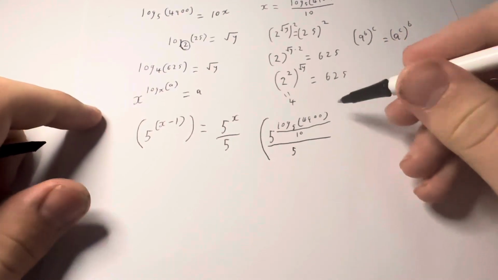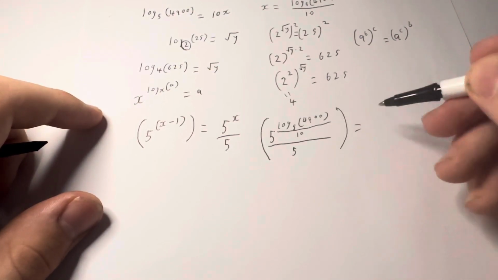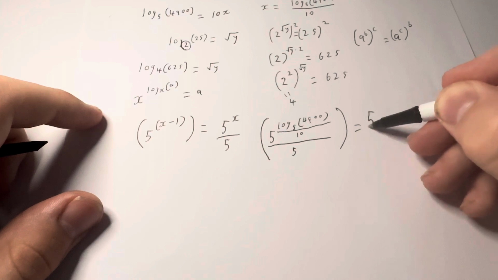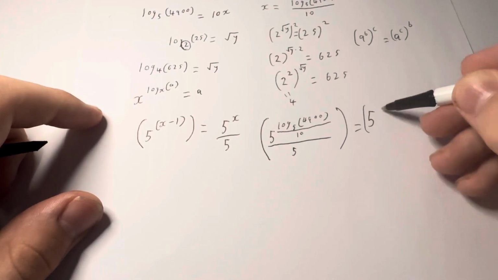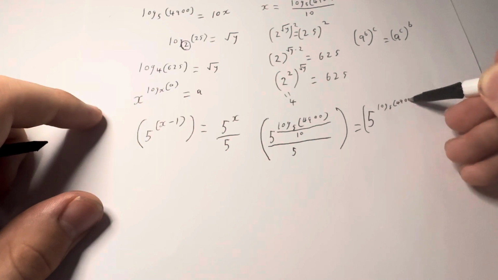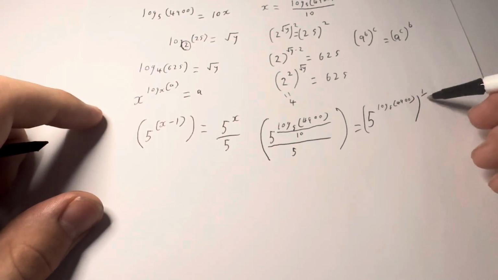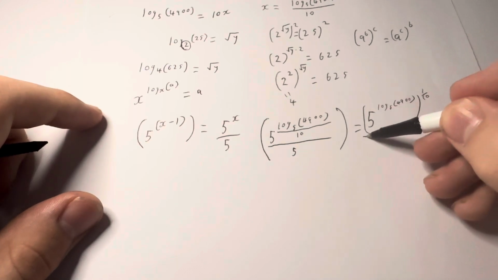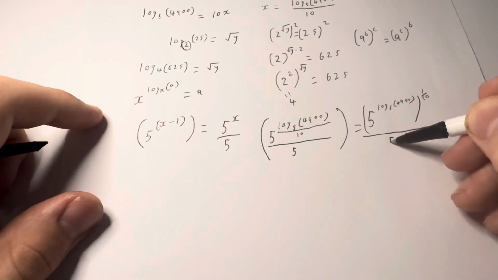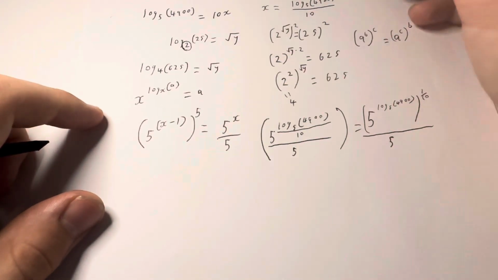Okay, so we can write this 10 outside. So we have 5 to the power of log base 5 4,900, and then we can write 1 divided by 10 outside, and then we have that all divided by 5. And don't forget, this is to the power of 5 in our question.